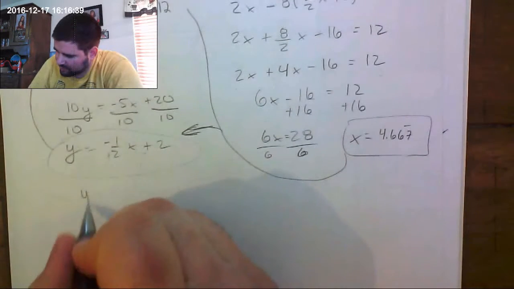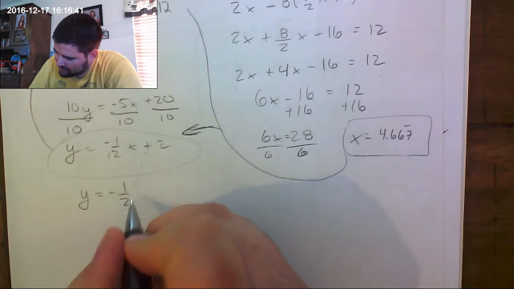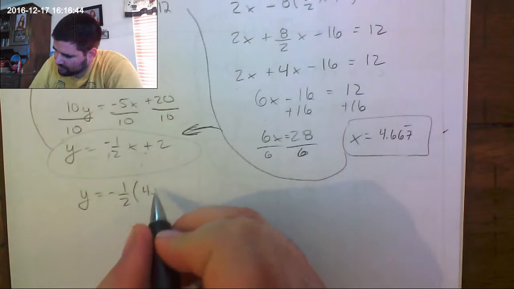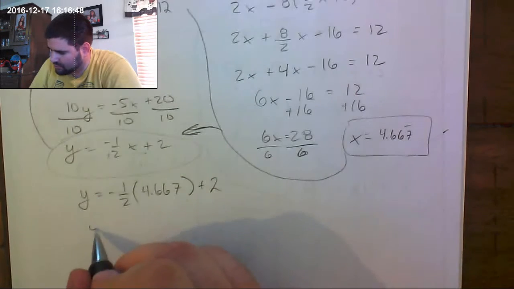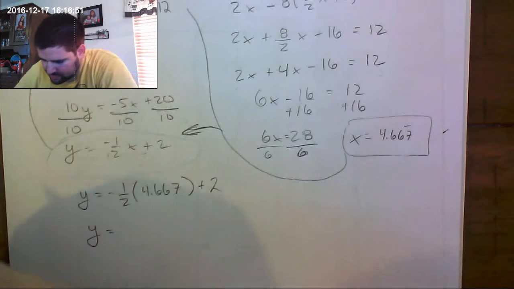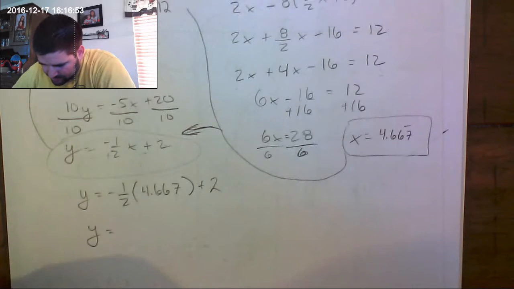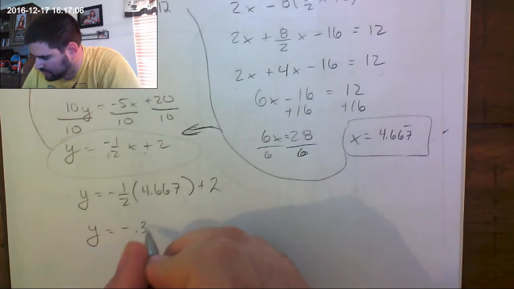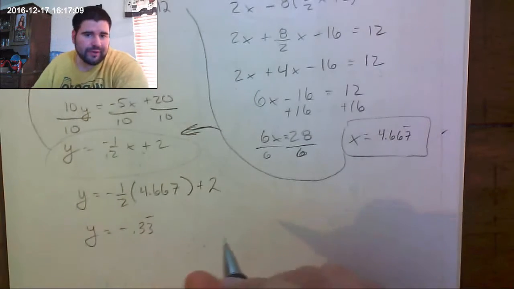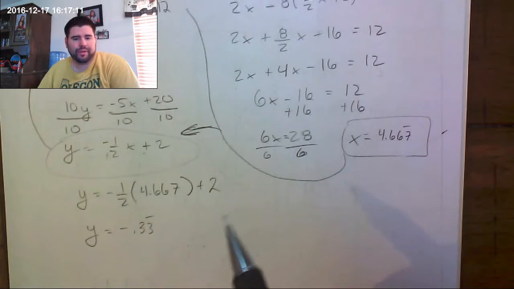So here we go. y is equal to negative 1 over 2 times 4.667 plus 2. Or, using thirds, plus 2. Alright, so I'm going to end up with negative 0.33, which is just a fraction for 1/3.